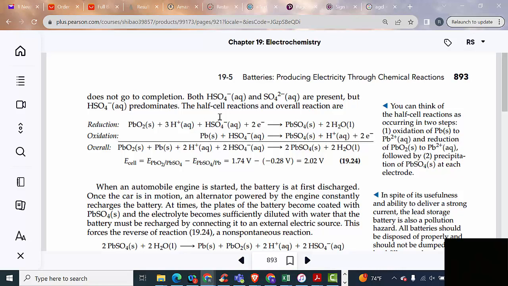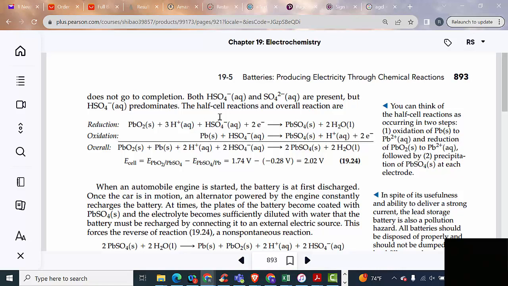If we look at the battery here, the reduction half reaction is at the cathode or the anode? Cathode. And the oxidation half reaction is at the anode.